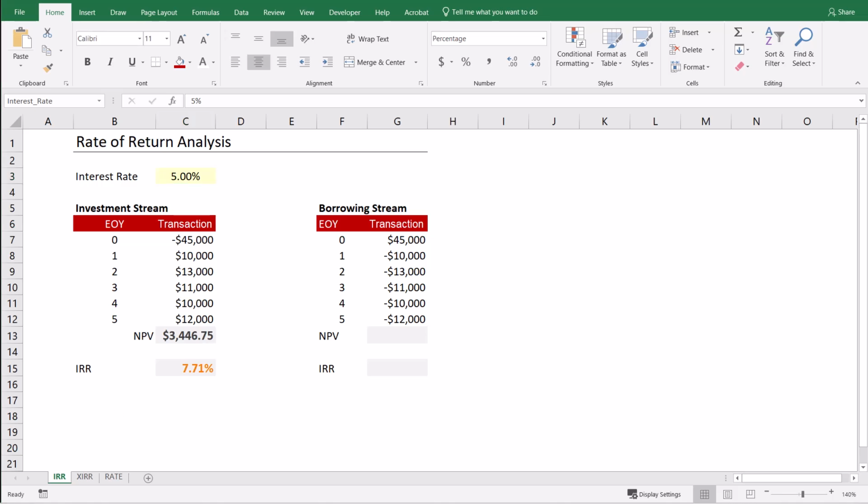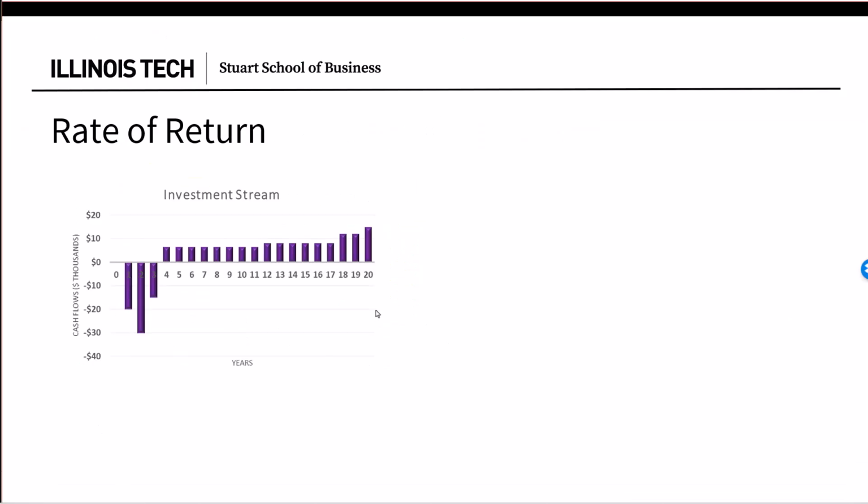So now let's discuss what an investment stream looks like. It doesn't have to just have one investment, right? You can have multiple periods where you have investment cash flows, and then you switch, and then you have returns thereafter. What's important here is that there's only one switch. We invest some money and then we get returns from it.